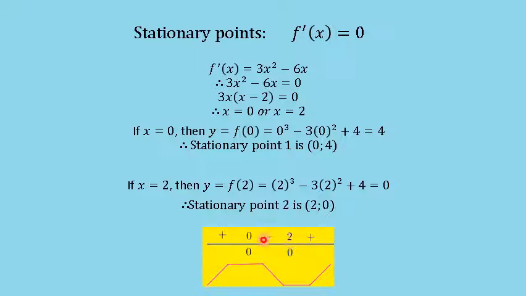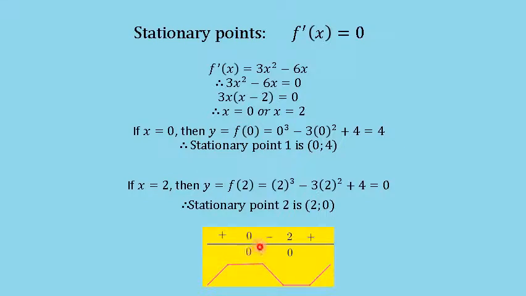And then I have written positive, negative, positive. So let me tell you about this positive. If we take any value which is less than 0, for example, we can take negative 1 and substitute it into this equation, we are going to get a positive answer. Therefore, it means our graph is increasing. Okay, and then here at 0, the gradient is 0, so the line is parallel to the x-axis.